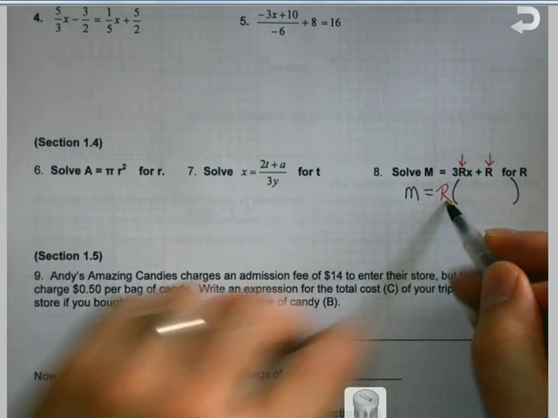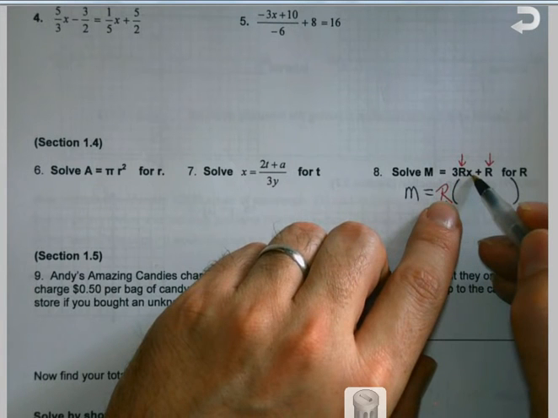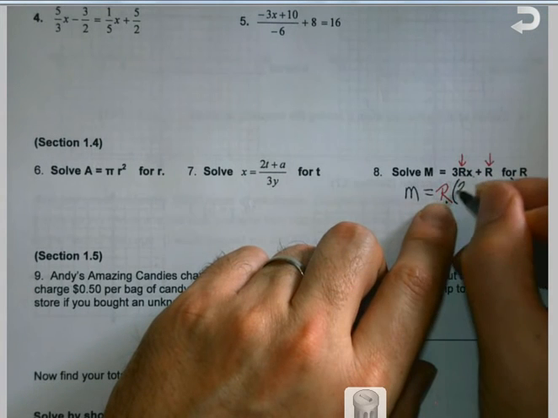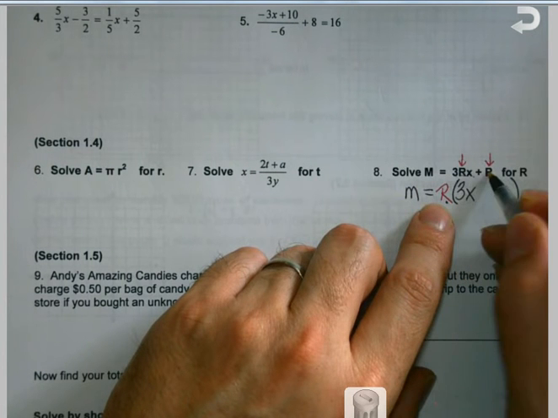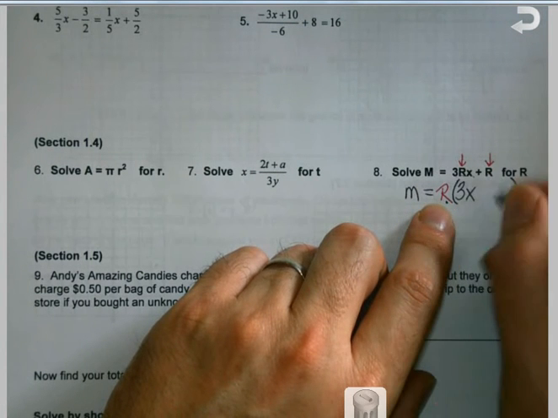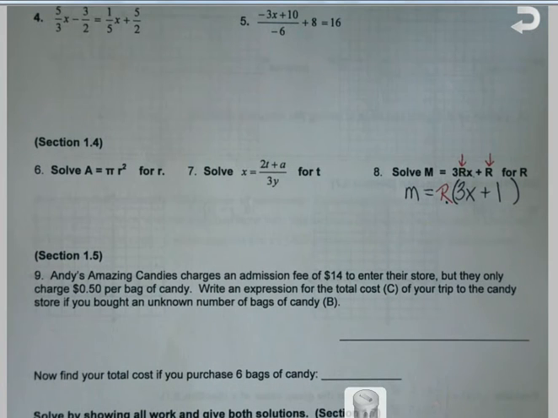So what do I need to go from r to 3rx? What's missing? 3x. And then this is the place I've got to be careful. R to get r back. Plus 1. Because 1 times r is r. And all of a sudden, I'm down to just 1r, which is good.